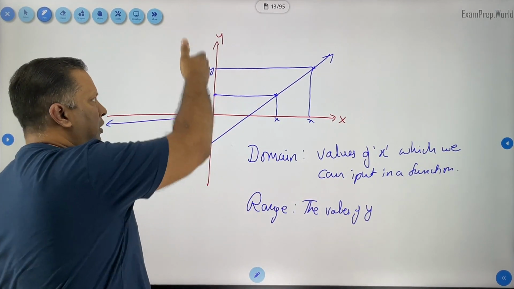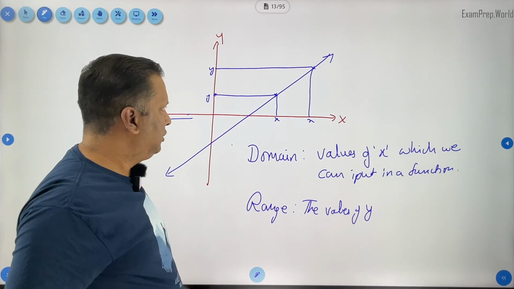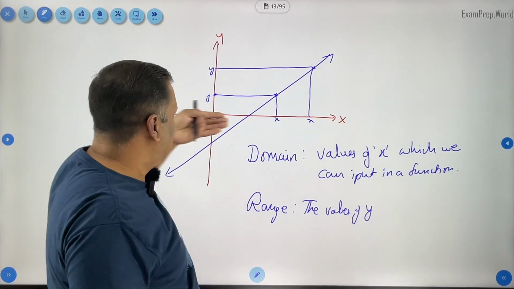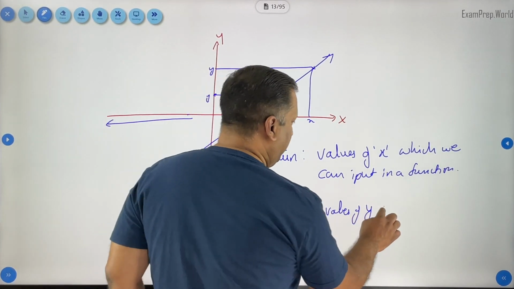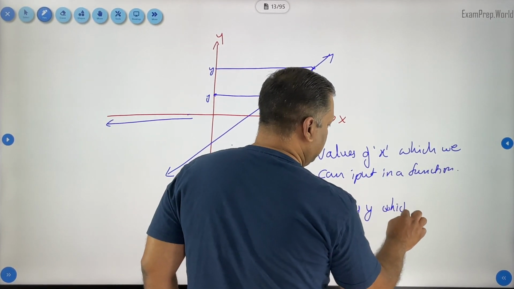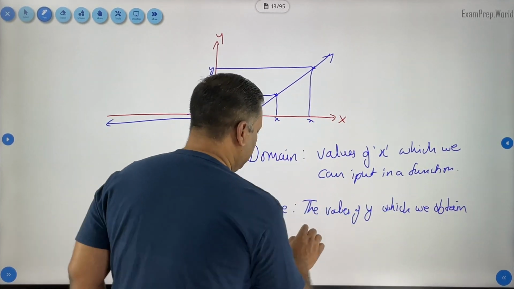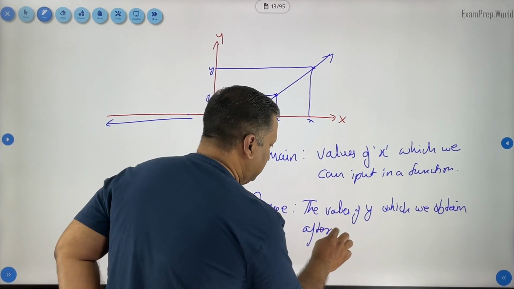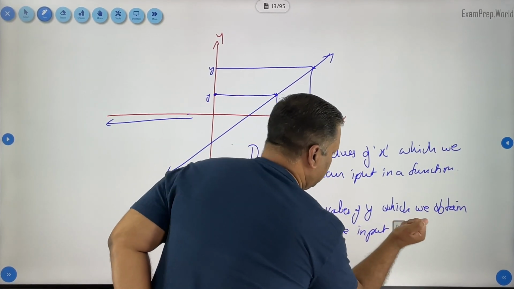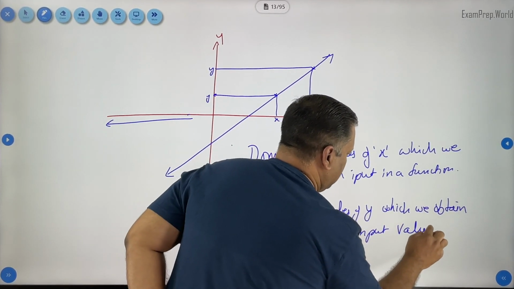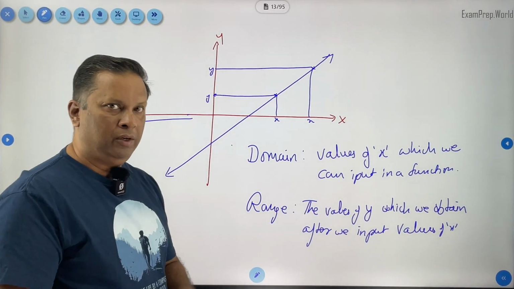So range is y axis, domain is x axis. Okay, never forget this. Domain is the values which we can input on x, and range is the values of y which we obtain after we input values of x, right? I hope you understood, right?